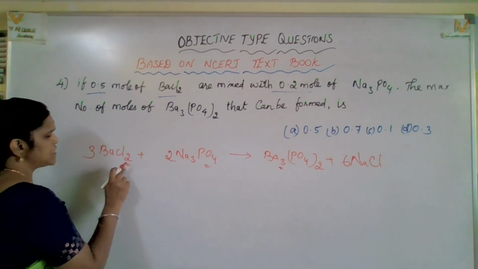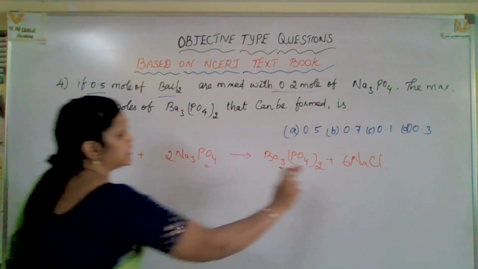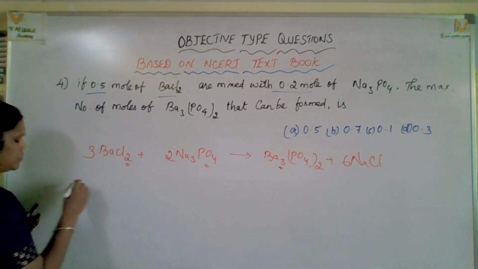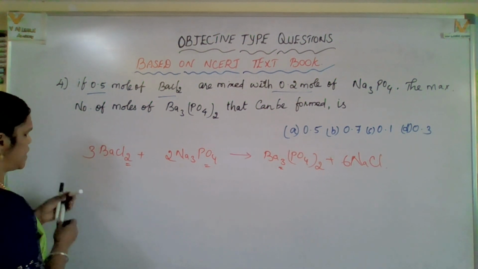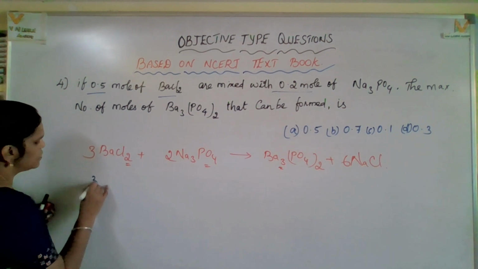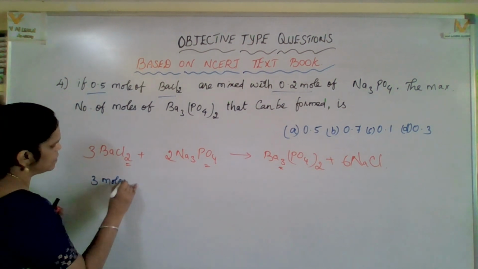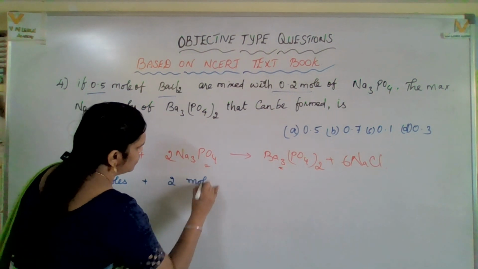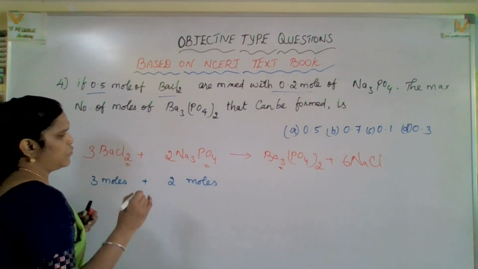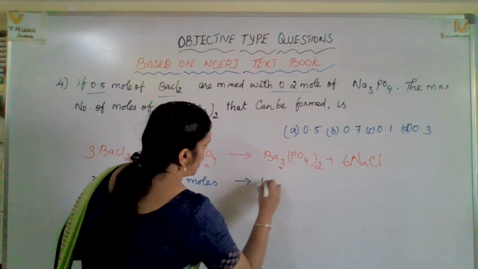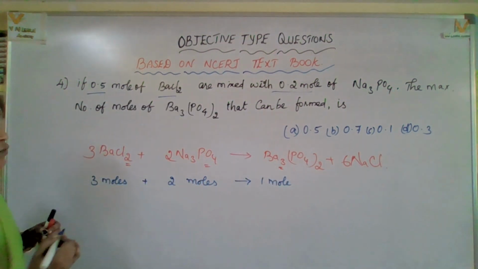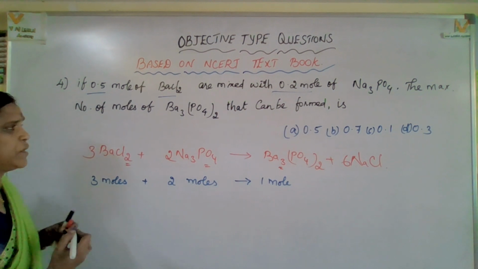Here 2 3s are 6. Yes, you are getting 6. Yes, it's balanced. Okay. Now 3 moles of BaCl2 combined with the 2 moles of Na3PO4, you are getting 1 mole of Ba3(PO4)2, that is barium phosphate.